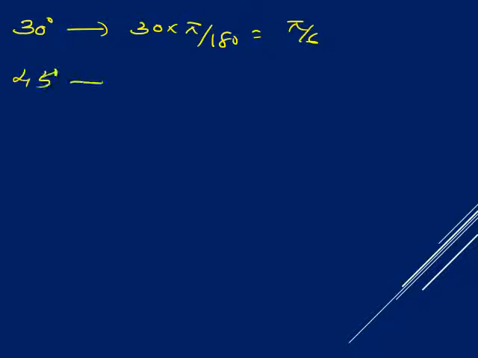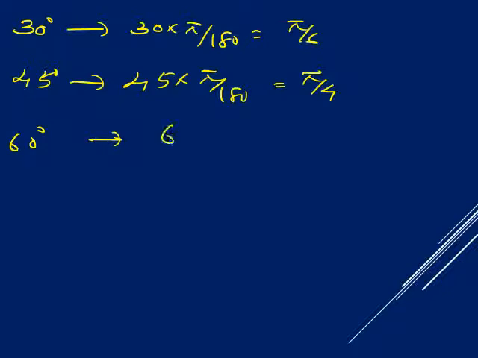Suppose you see 30 degree. How to convert it into radian measure? 30 into pi by 180. So the answer is pi by 6. Now 45 degree: 45 into pi by 180, the answer is pi by 4. 60 degree: 60 into pi by 180, the answer is pi by 3.